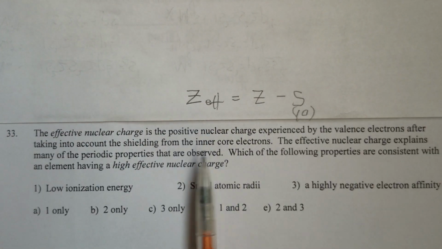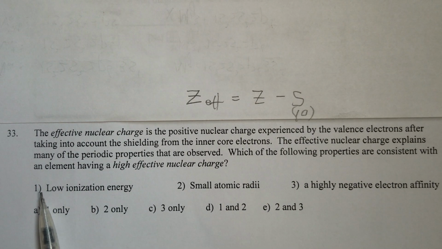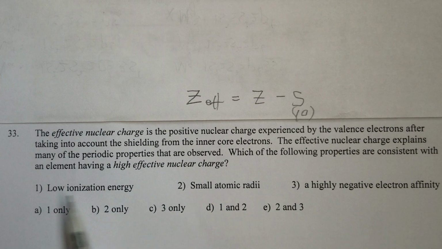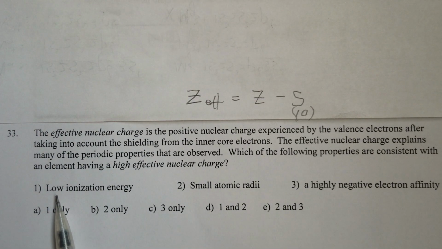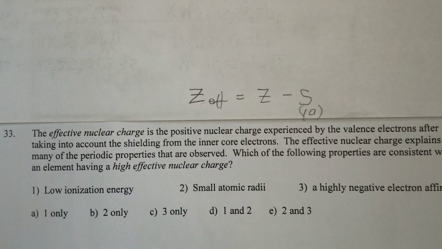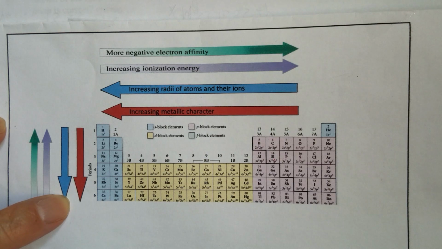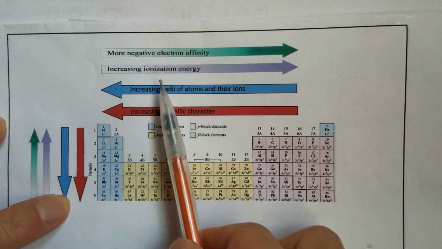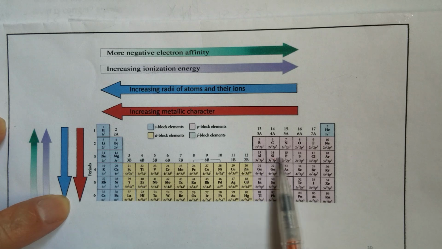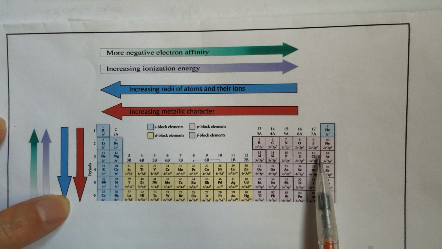And now let's take a look at those three statements. The choices are here; actually, there are 5 of them. First, low ionization energy. Now let's take a look at what low ionization energy means. If you look at the periodic trend for ionization energy, in the same period from left to right, the ionization energy increases.